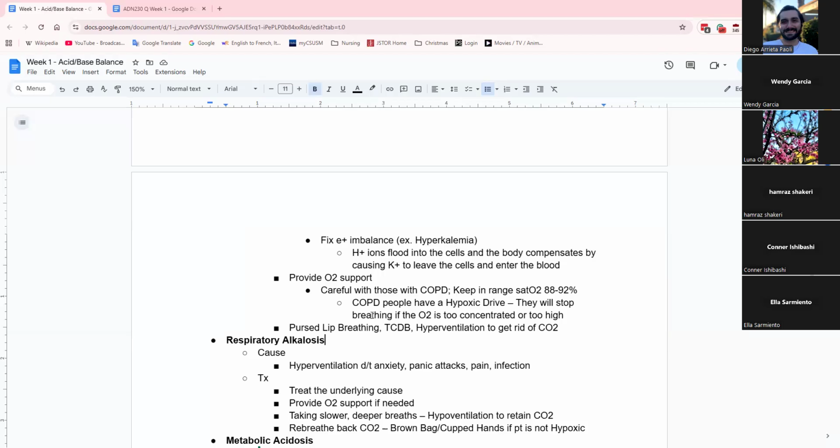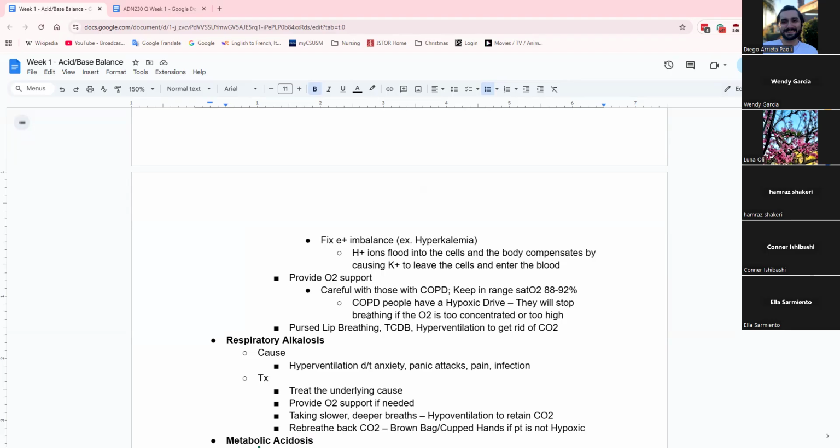So this is where we mentioned, if someone is hyperventilating, are they having an anxiety attack or are they having an asthma attack? They're both going to present similarly. The person having an asthma attack does not need to be breathing back the CO2 through a brown bag because the problem is they're not getting enough oxygen.